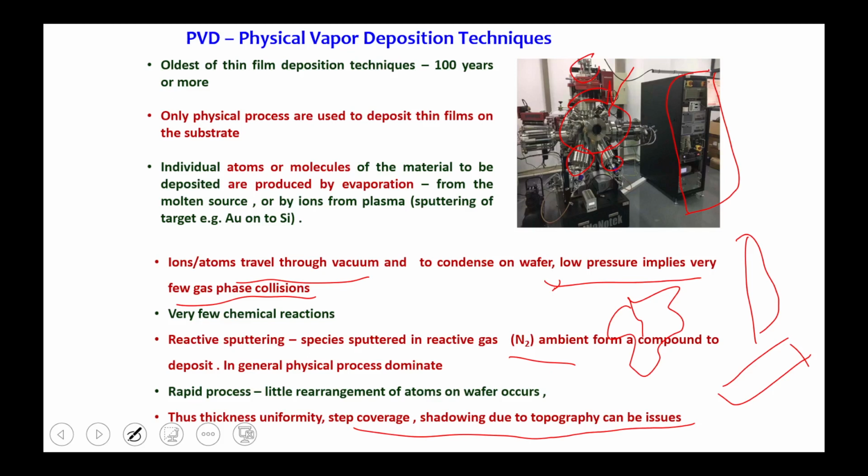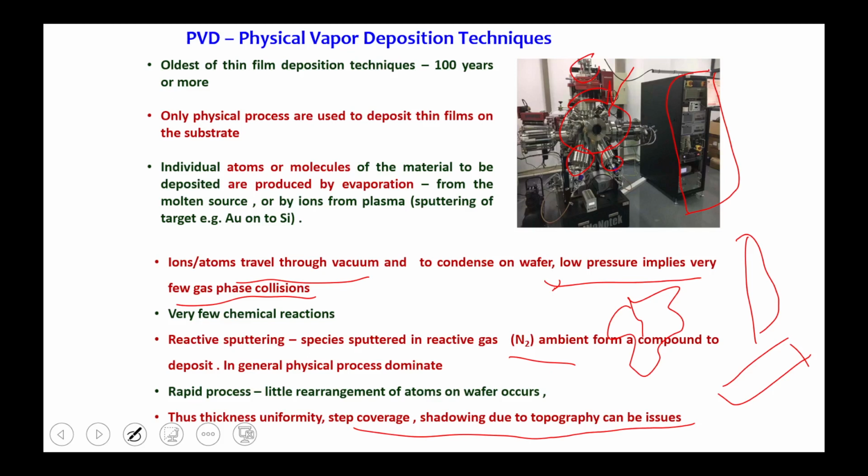Sir, I have a question. It is a rapid process, no? Yes, a fast process, faster than CVD. Rapid means atoms will be stacking very fast because continuous plasma or E-beam will be stacking continuously on that material.